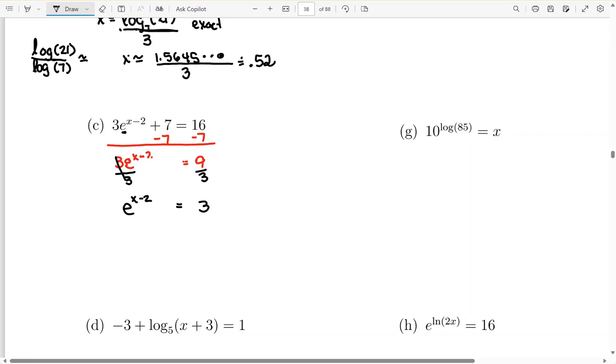Once the exponential is by itself, I'm going to rewrite it as a logarithm. So I go log base e of 3 equals x minus 2. Before I go too much further, though, log base e is ln.